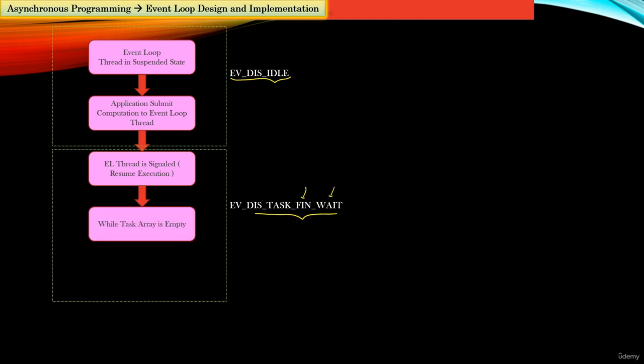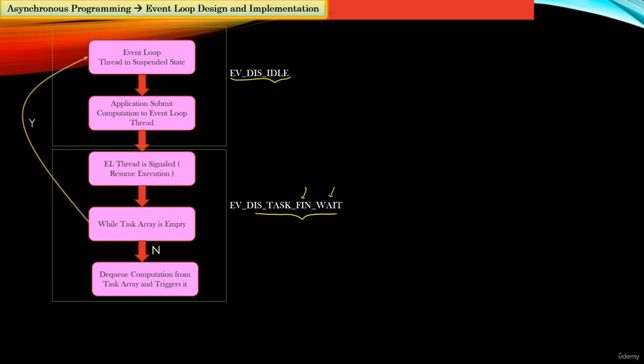And the event loop thread, after firing each computation, checks whether the task array is empty or not. If the task array is not empty, it will keep on dequeuing the computation from its task array and keep on triggering them one after another. And as soon as the task array goes empty, then the event loop goes into the suspended state again.